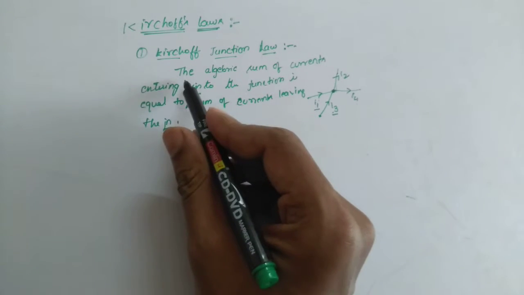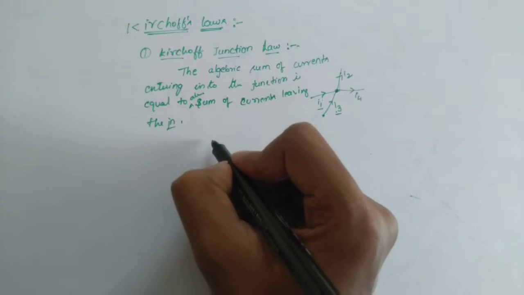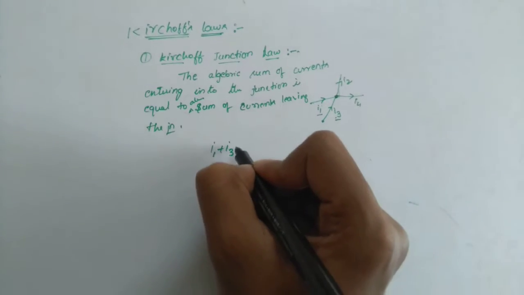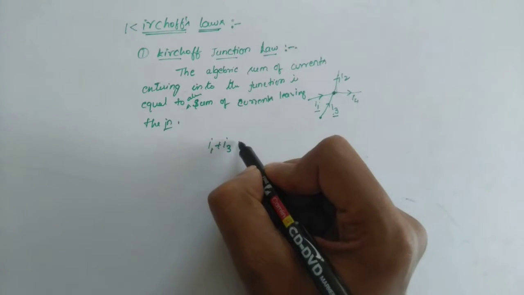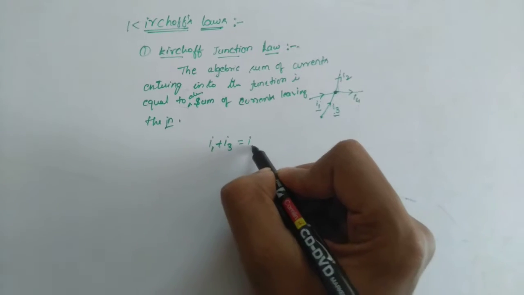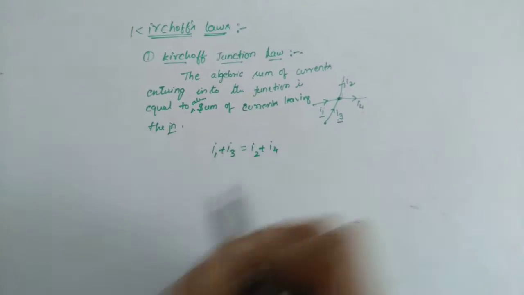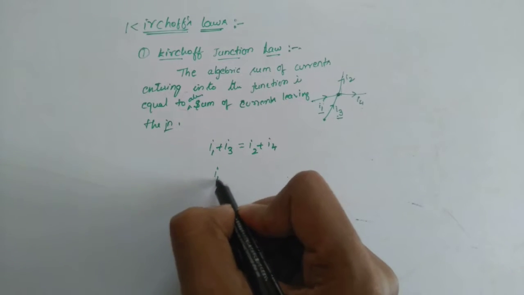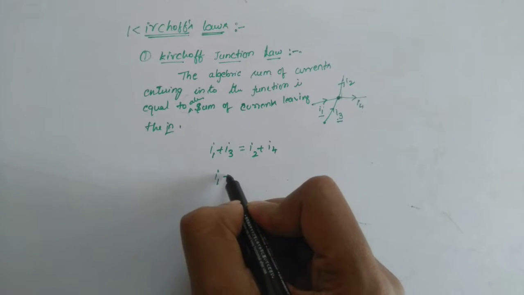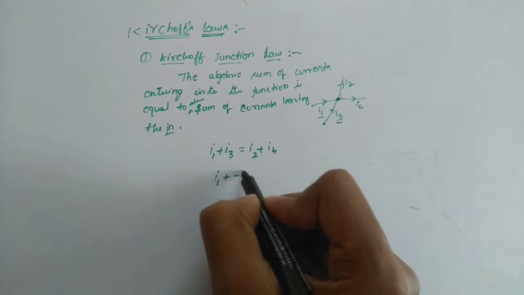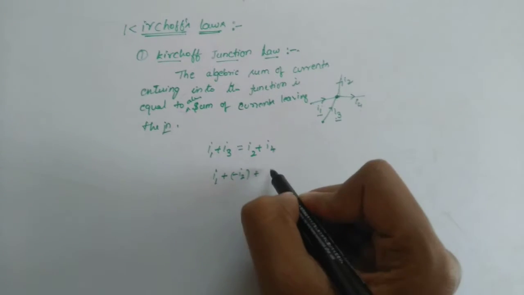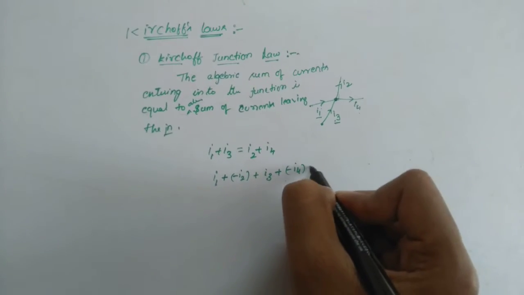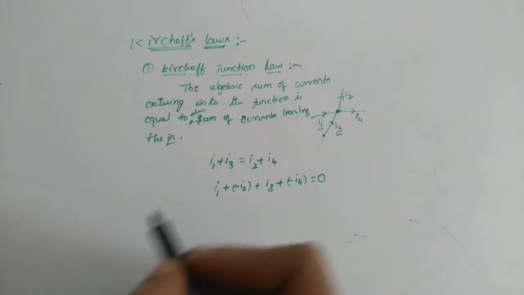So according to the junction law, we can write I1 plus I3, the sum of currents entering into the junction, must be equal to I2 plus I4. So this can be written as I1 plus or minus I2 plus I3 plus or minus I4 is equal to 0.